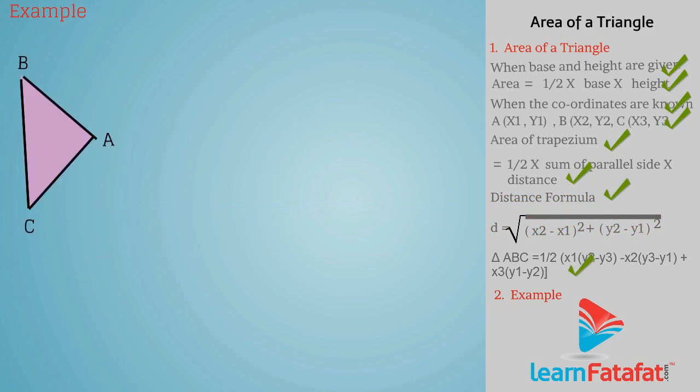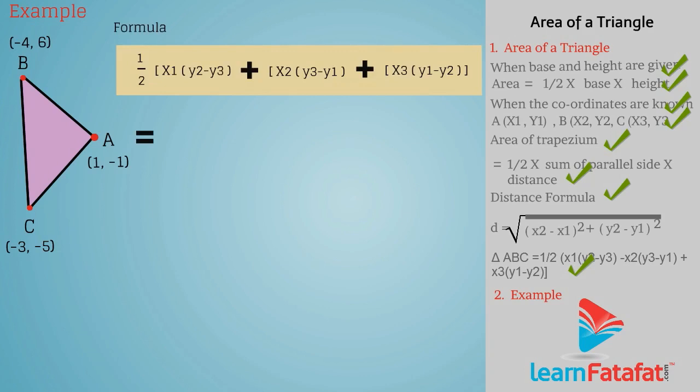Example. Consider the coordinates of the triangle (1, -1), (-4, 6) and (-3, -5). Then area of triangle will be, putting coordinates in the formula, we get 1 by 2 in bracket 1 into (6 plus 5) plus (-4) into (-5 plus 1) plus (-3) into (-1 minus 6), bracket complete.